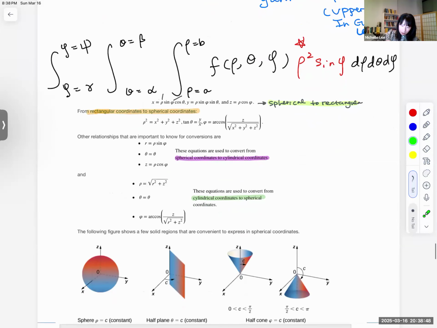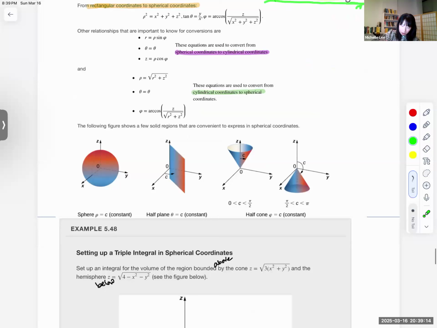Okay, now once again, we have the conversion from rectangular coordinates to spherical, and then spherical to cylindrical, cylindrical to spherical, and spherical to rectangular, right? We went over this one in chapter 2.